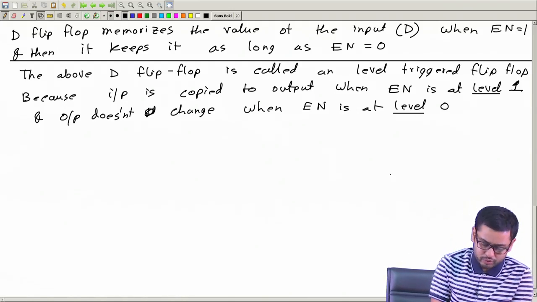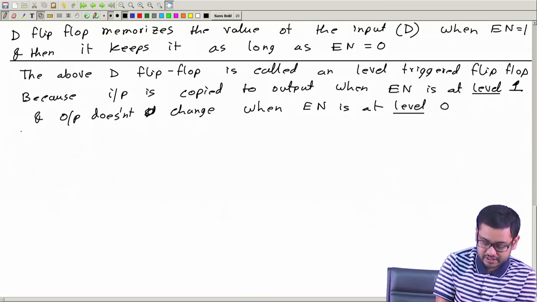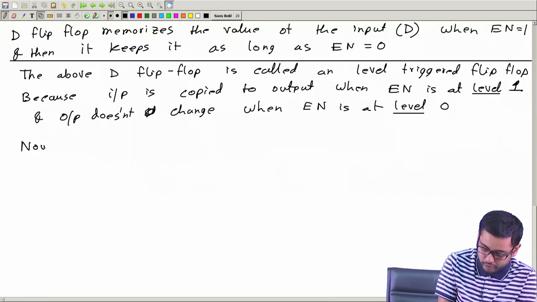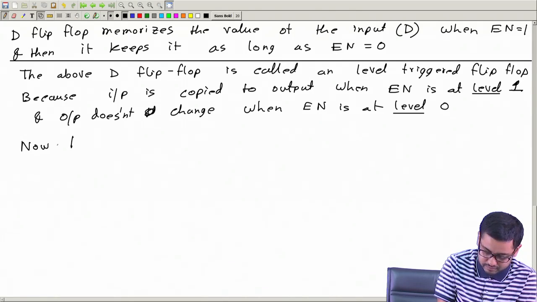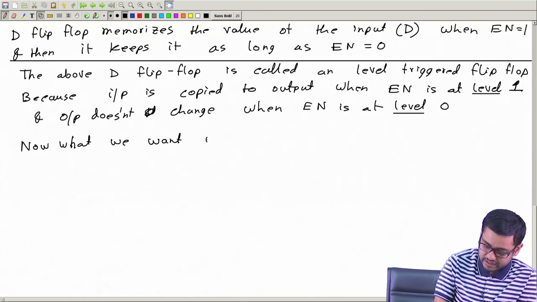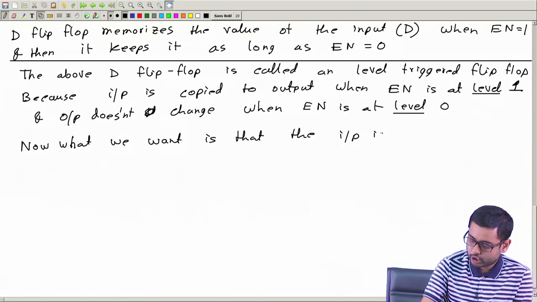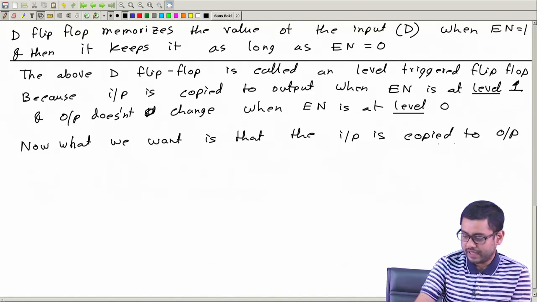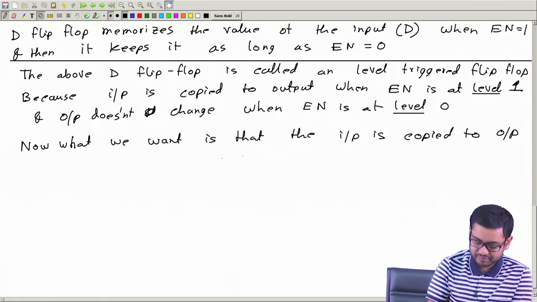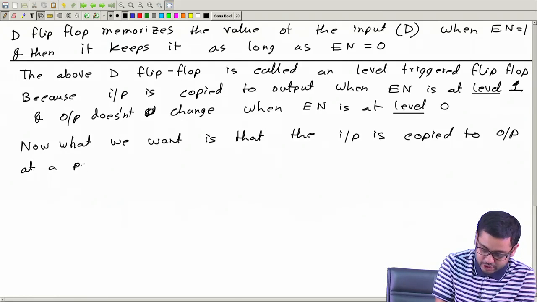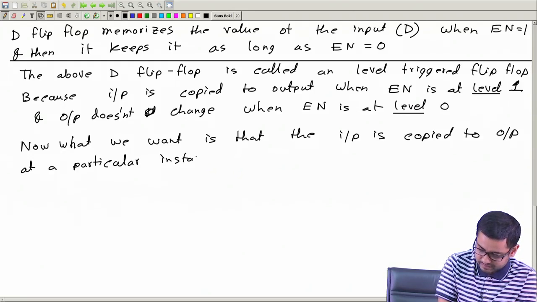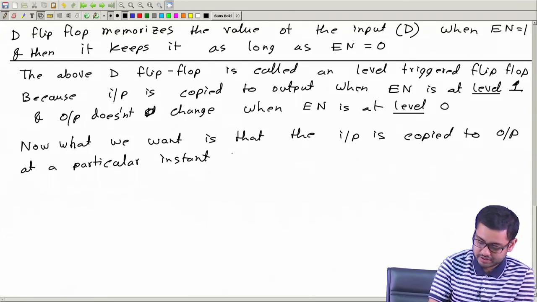Now, the next thing we want is that the input is copied to output, that means D is copied to Q, at a particular instant whenever we want.